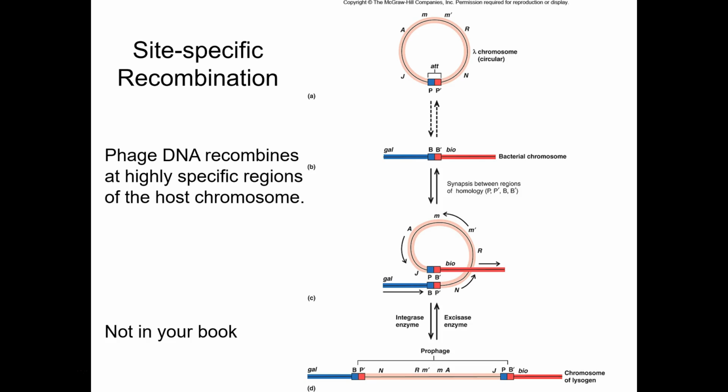So normally, you get your viral chromosome. It will recombine and loop into the host chromosome where it becomes a prophage. So all that happens normally. The mistake happens when the virus leaves.